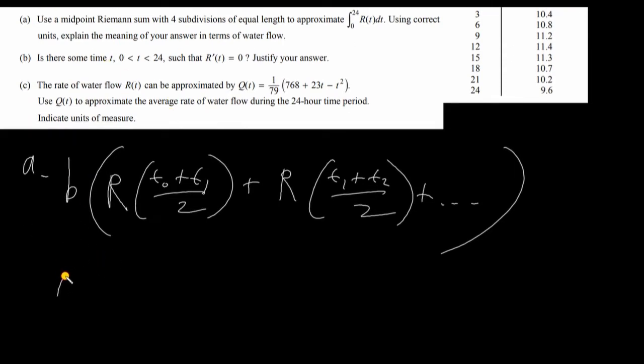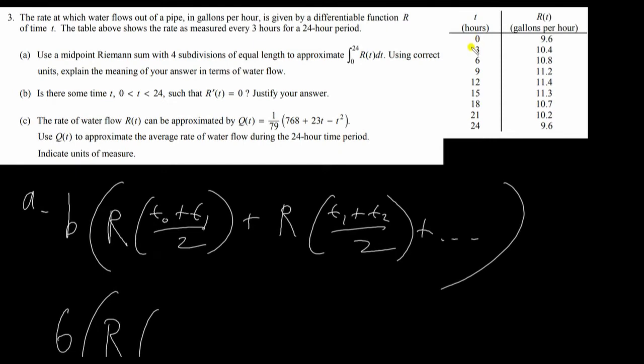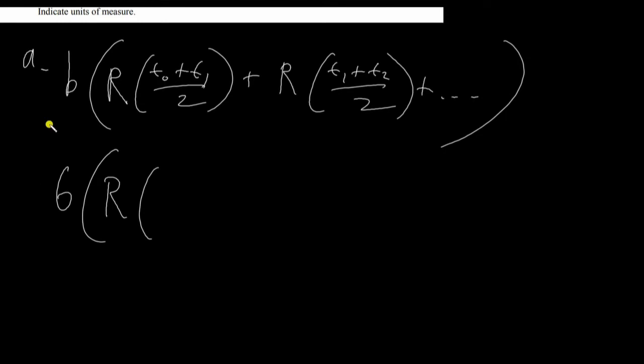So that means we're going to have 6 times r of, and then what are the t values? Well, we're going from 0 to 6, 6 to 12, 12 to 18, and 18 to 24. So those are going to be the t values, 0, 6, 12, 18, and 24, that I'm going to use in the equation.